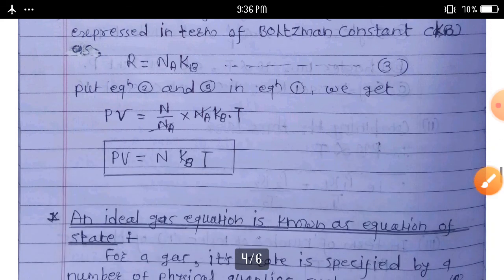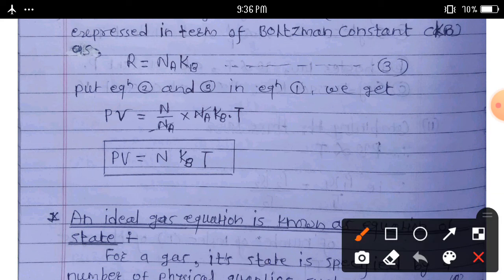Equation 1 is PV = nRT, and equation 3 is R = N suffix A × k suffix B. So we get PV = (N/N suffix A) × N suffix A × k suffix B × capital T. Here N suffix A gets cancelled, remaining PV = N k suffix B T, where k suffix B is the Boltzmann constant.